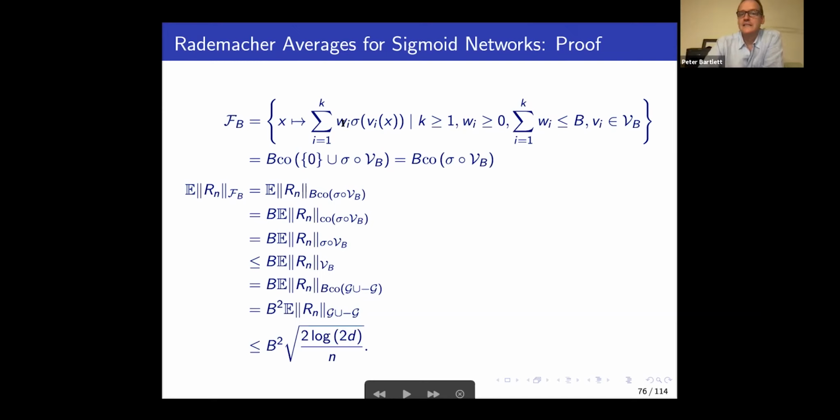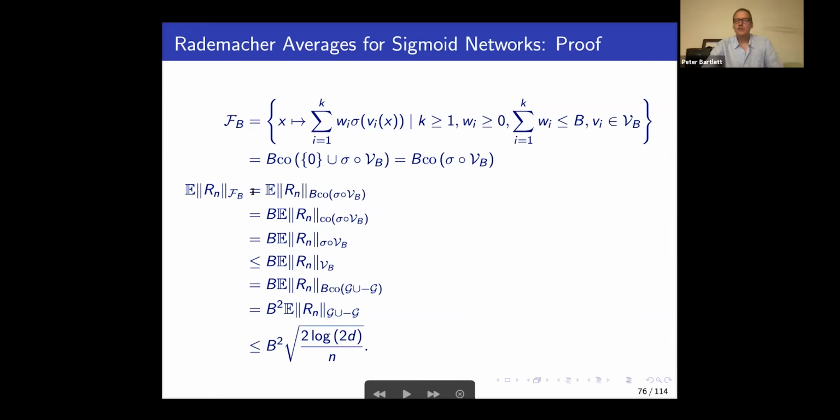I've got the sum of these things being no more than B, so I've got a scaled by B convex combination of functions that consist of a Lipschitz nonlinearity composed with functions from this class. And because it's an inequality and not an equality, I can take the zero function as well if I like, but it doesn't change anything. This is just B times the convex hull of this class.